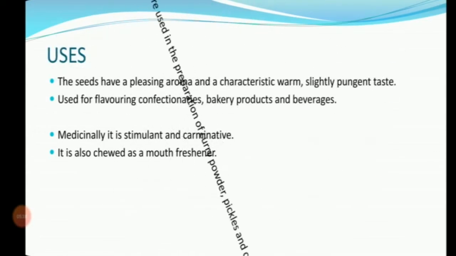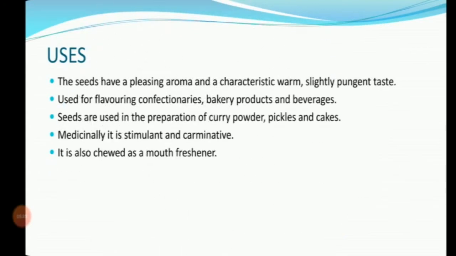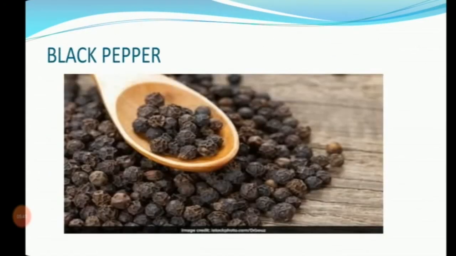Next we discuss black pepper. Black pepper is also one of the spices we regularly use in our cooking and food preparation. The botanical name of black pepper is Piper nigrum, which comes under the family Piperaceae.